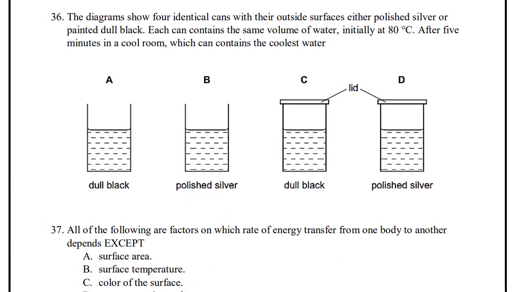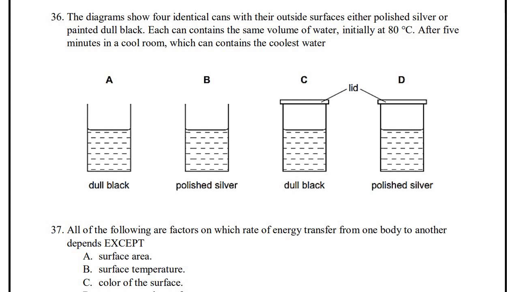The diagram shows four identical cans with the outside either polished silver or painted dull black. Each can contains the same volume of water at 80 degrees. After 5 minutes in a cool room, which contains the coolest water? These two lids will prevent the heat from the skin from moving into the room.